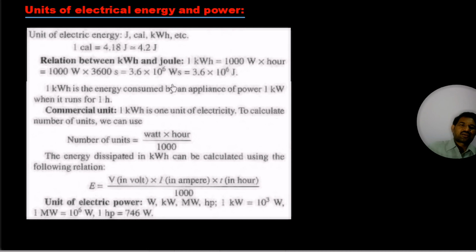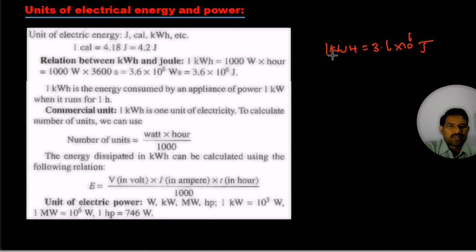That watt second is nothing but joule. So 1 kilowatt hour is equal to 3.6 into 10 power 6 joules. That is the relation between kilowatt hour and the joule.